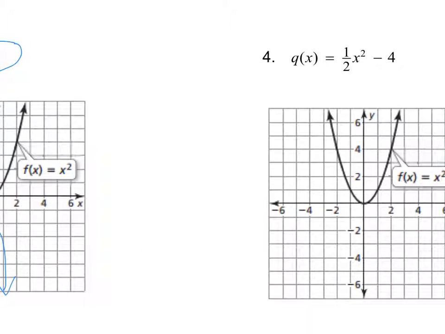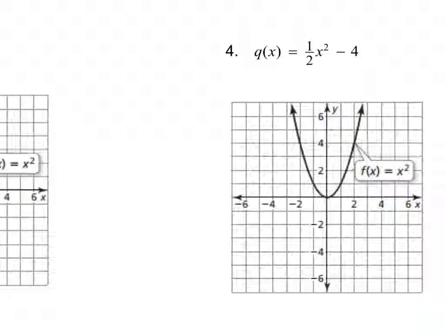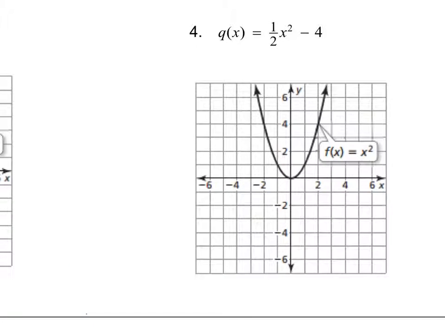Okay, so let's look at number 4. Again, before we even put this in our calculator, let's make a quick prediction on how it's going to change. If we make this prediction, the first thing we have to look at is our a value. It's positive, so it's going to open upward, but it's a 1/2. So it's closer to 0 or closer to a flat line than our parent function.